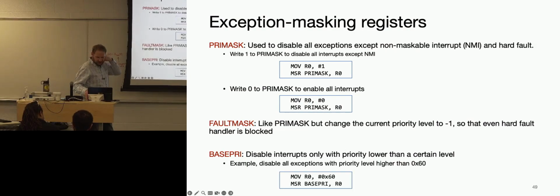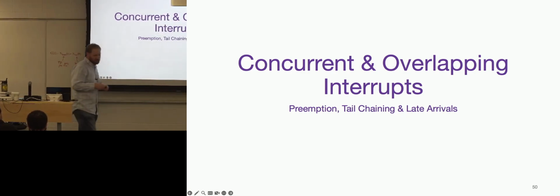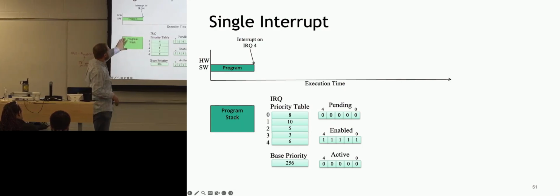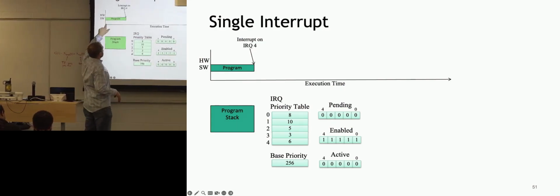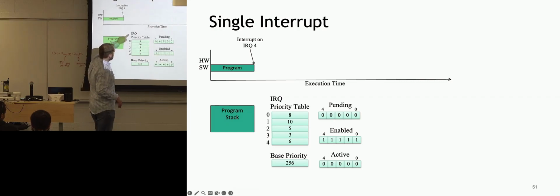All right, I think interrupts make more sense when you bring it all together and look at overlapping interrupts. So let's talk about this case. We have your program stack. This is execution time. This is the difference between, we'll say software, they call it hardware sometimes, but this is basically in your interrupt handler. We have registers here that represent your priority table.